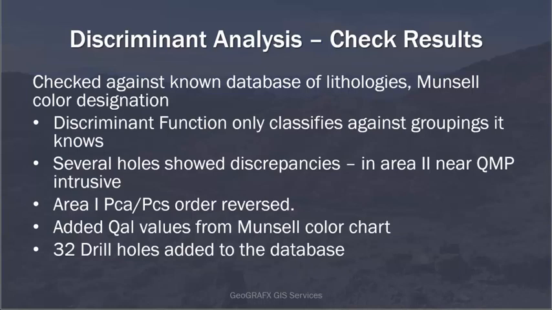These are exploratory holes outside the resource areas, and it could possibly indicate a new lithology. In all, 32 drill holes were added to the database, and that data was merged with the existing lithologic database. So now I have a database with additional lithologies that I can use to create a geologic model.